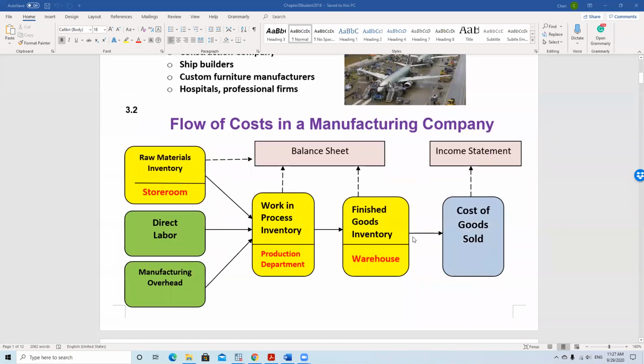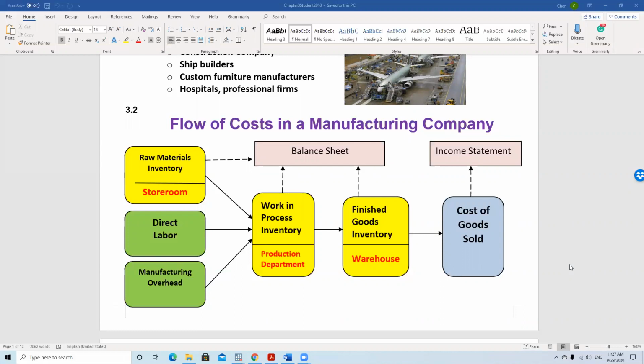And then the flow of costs in a manufacturing company. I think we covered this a little bit in Chapter 2, the building blocks of managerial accounting. So on the balance sheet, we know that we have inventory. And then let's review a little bit of the three kinds of companies.